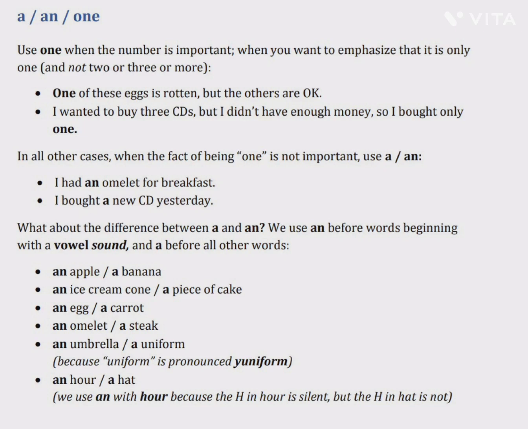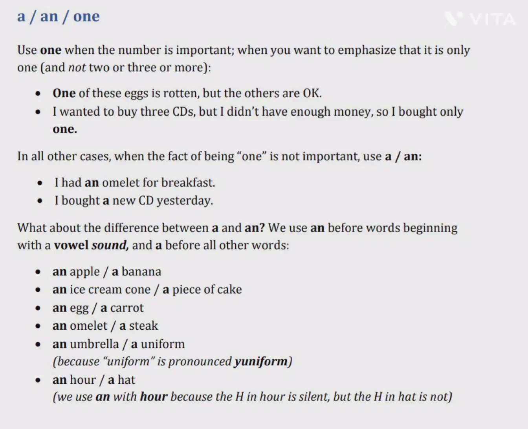And a piece of cake. Here we should not say an piece of cake because P is a consonant, so we say a piece of cake. And next, an egg, a carrot. An omelette, a steak. An umbrella, a uniform, because uniform is pronounced as yuniform.